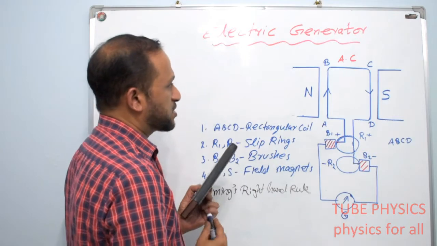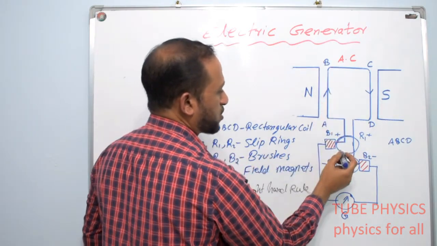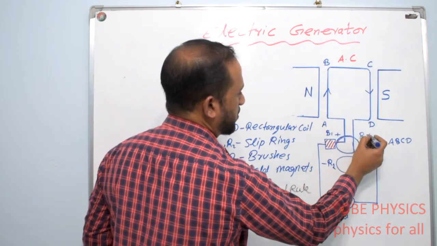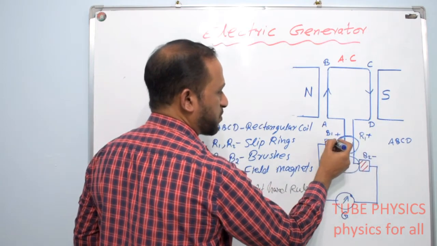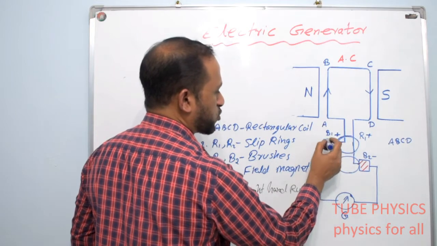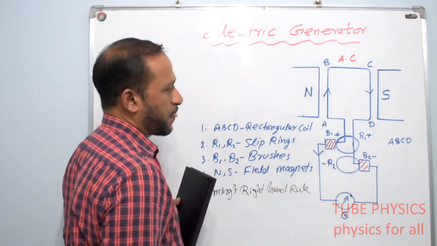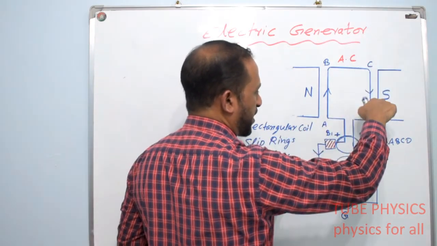In that time, suppose the current flowing through the side AB is flowing upward, so the ring R1 in which the current is flowing in the upward direction, suppose I am taking ring R1 positive. So the ring R1 is in contact with the brush B1 also. So in the brush B1 we will be getting a positive current. So brush B1 is positive, current will be flowing in this direction. And at the side CD, current is flowing in the downward direction.